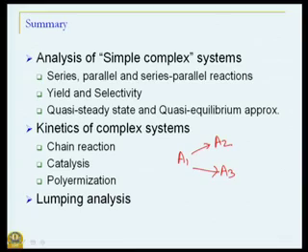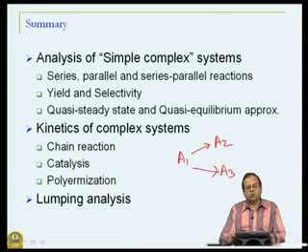We will lump all these species into a single species, which is not a real species, but a hypothetical species called aromatics, and then have a few such groups and see whether the reactions can be represented with the help of these few groups of species. This is what is called lumping analysis, and there we saw what is required for lumping to be possible, that is, the lumpability condition and so on.